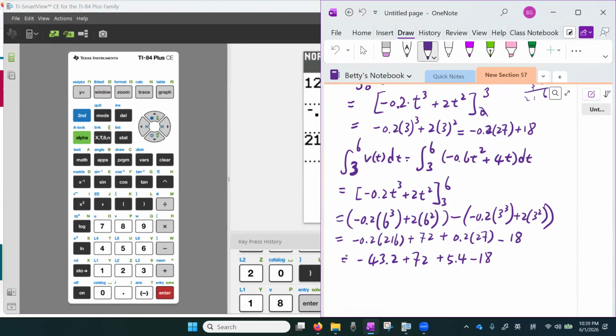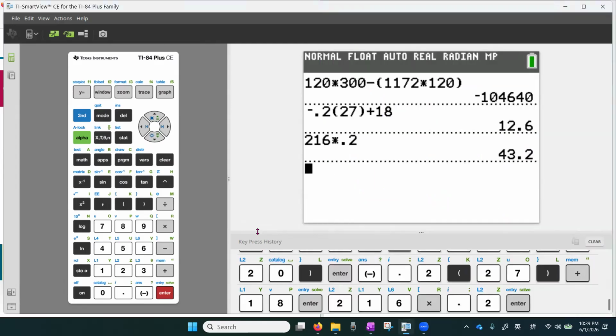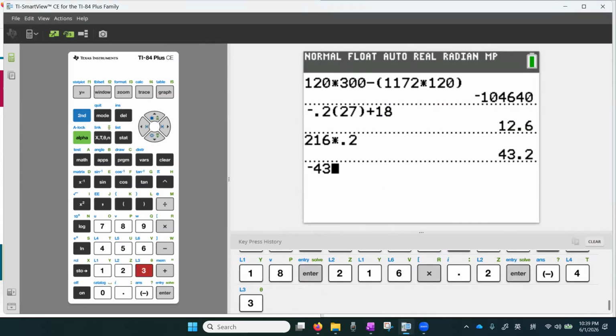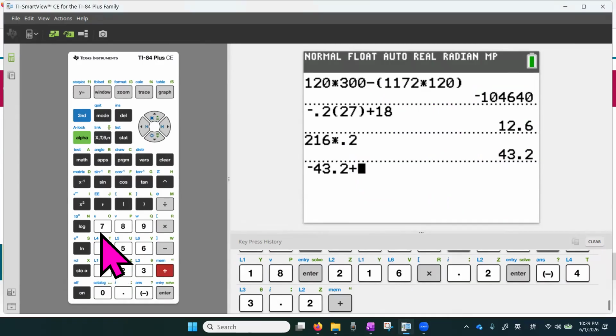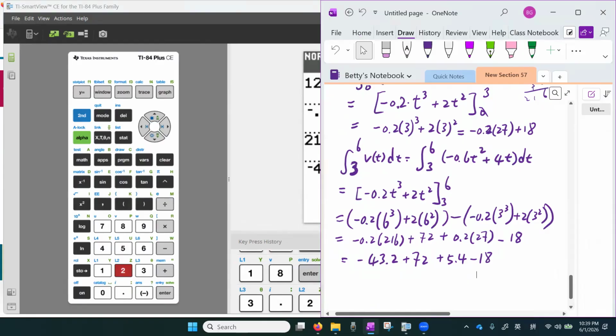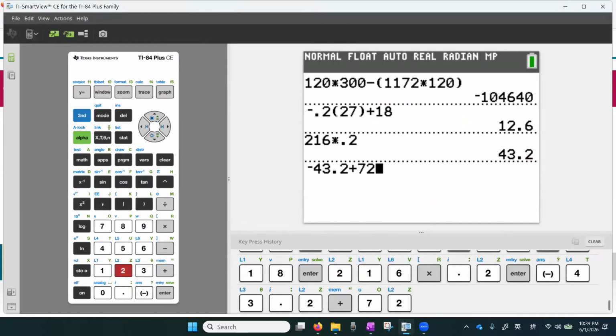And that gives negative 43.2 plus 72 plus 5.4 minus 18.